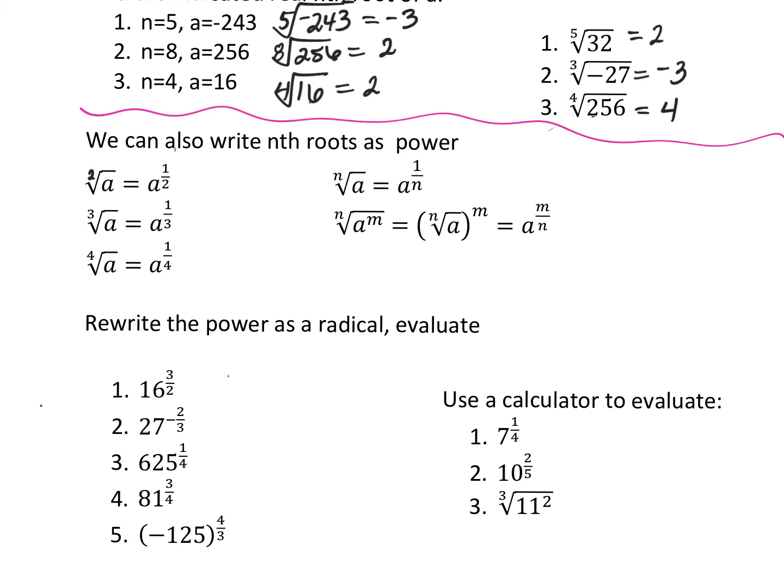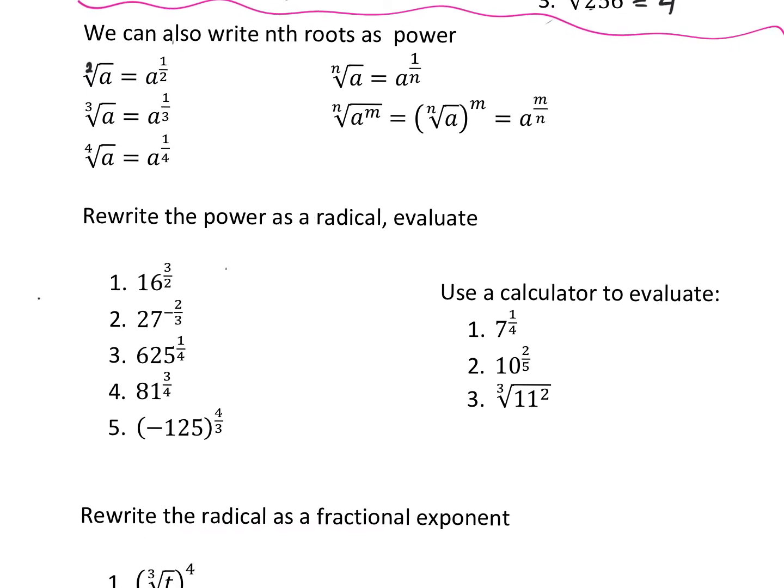Okay, so we're going to evaluate 16 to the 3/2 power. We're going to do that by rewriting it as a radical and then finding what the answer is. So remember that the numerator is the exponent. So I could write this as the square root of 16 cubed. But that doesn't help me much because I can't do 16 cubed in my head, right? What if I wrote it as the square root of 16 with the cube on the outside of the parentheses?